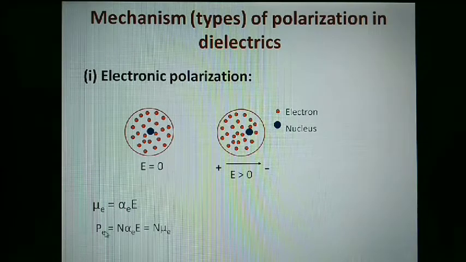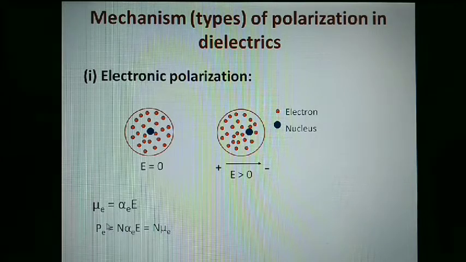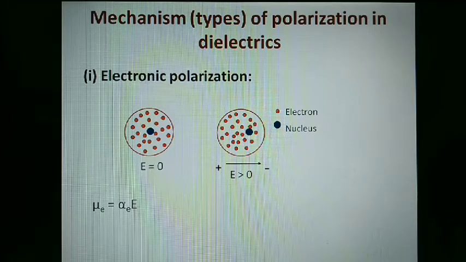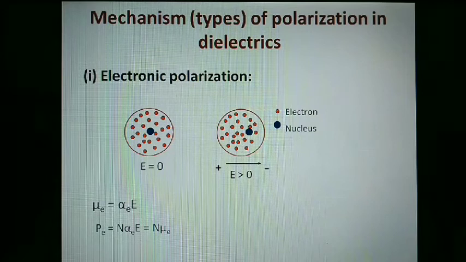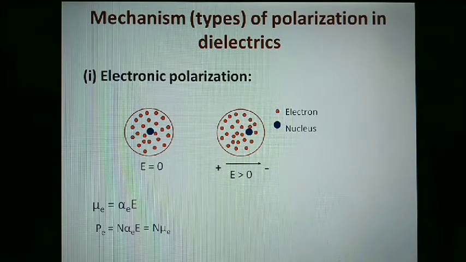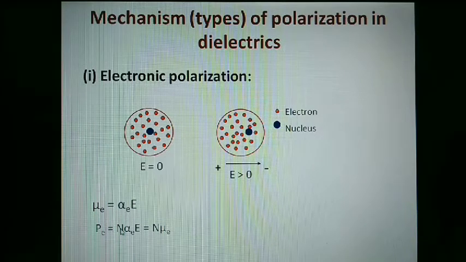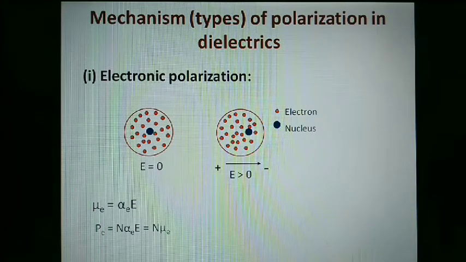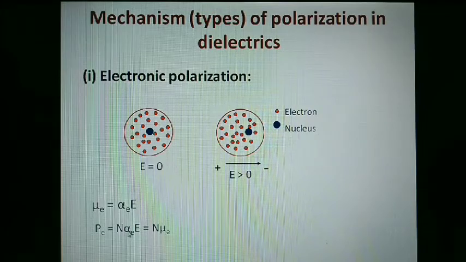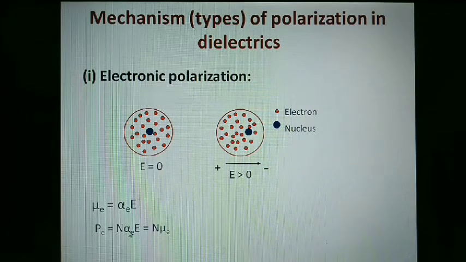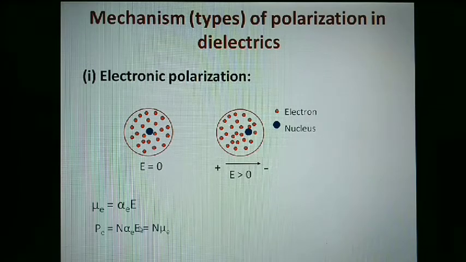We have defined the polarization as the dipole moment per unit volume. In the previous slide, I defined that polarization is the dipole moment per unit volume. It can also be shown in terms of this equation: N alpha E, where N is the number of dipoles and alpha E is the electronic polarizability, capital E represents the electric field.